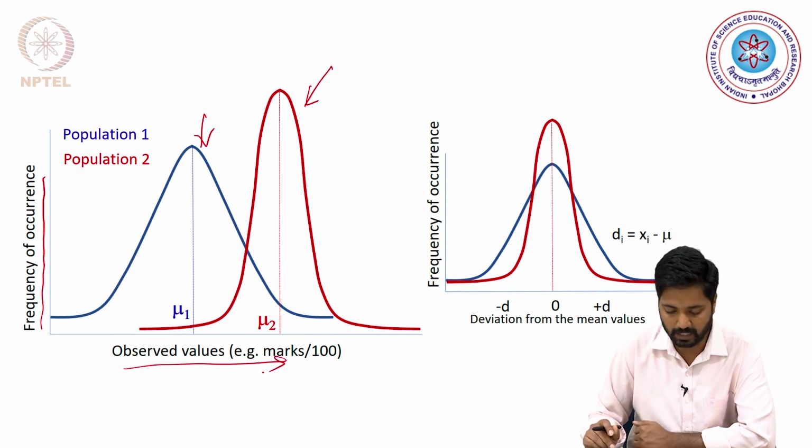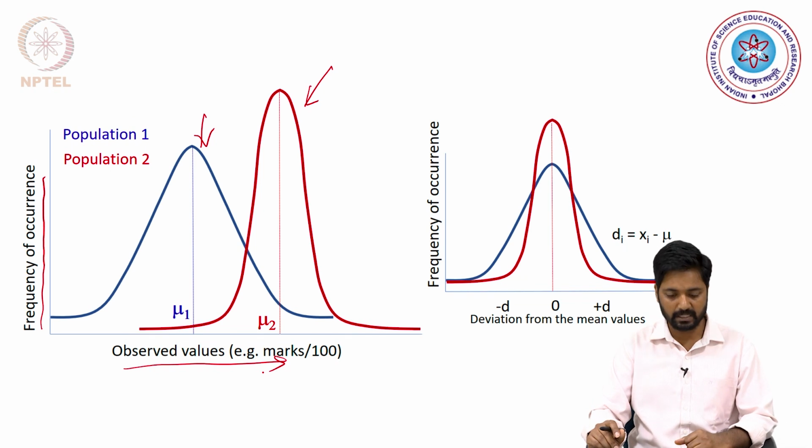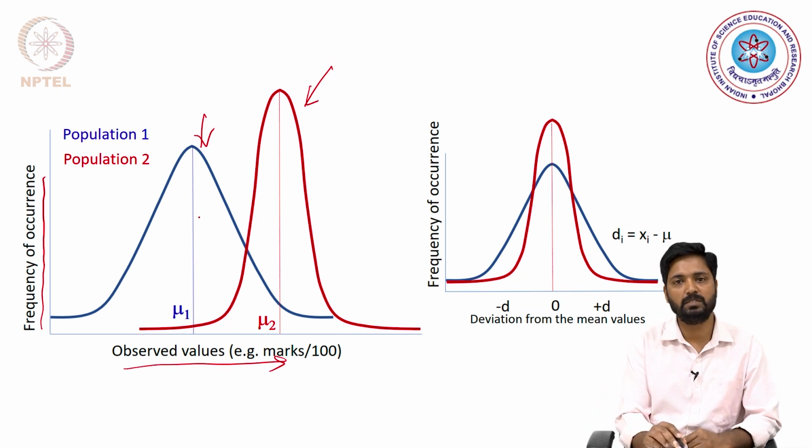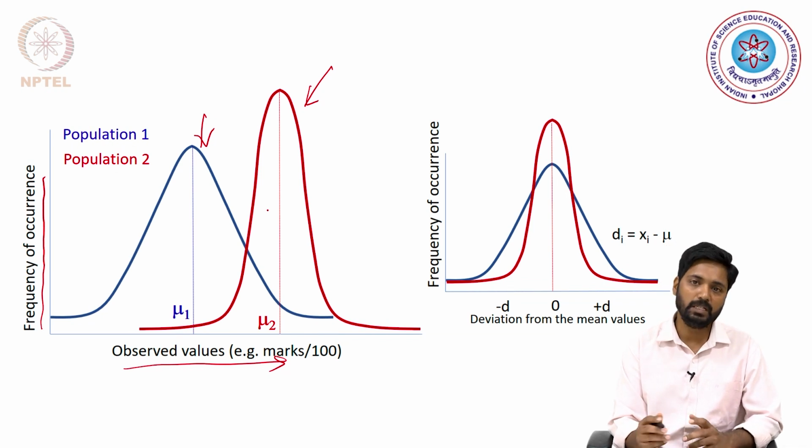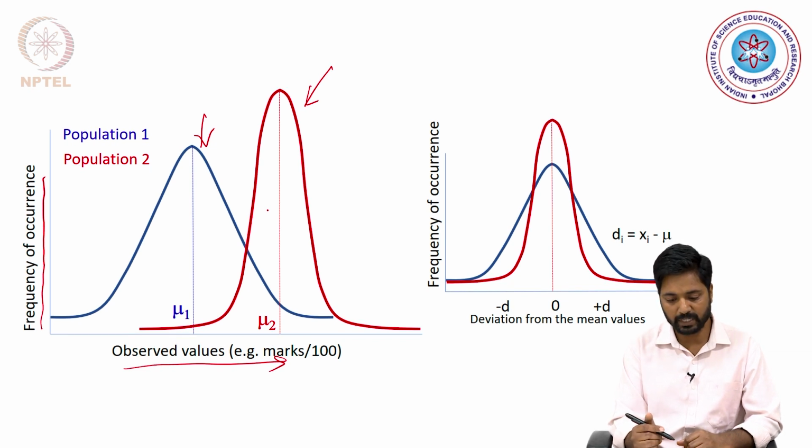For example, let us take that these two populations are those of students who are taking two different courses. Okay. So, in these two courses the students have got different marks, their marks distribution is different, and even the mean values of the marks obtained for the two courses are different.